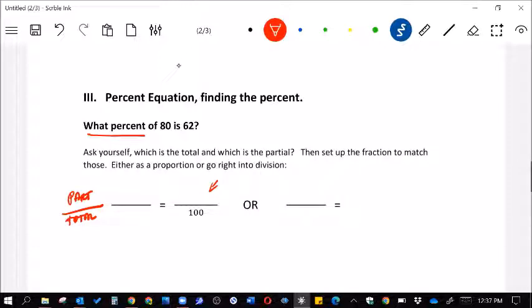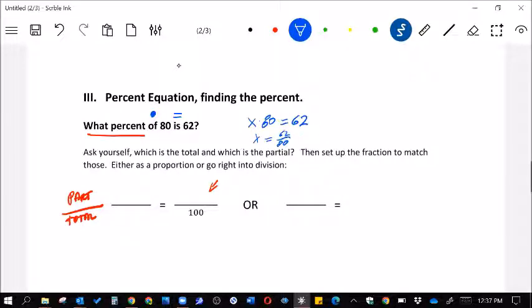So the key here is remembering that the word of means times and is means equal. So it's some percent times 80 is equal to 62. If I were to divide by 80, I would get that x equals 62 over 80.